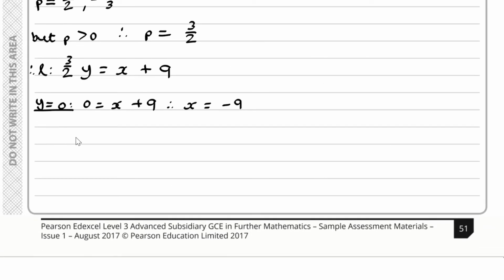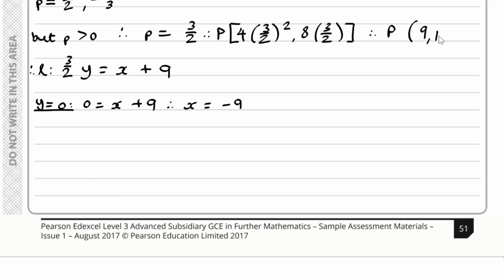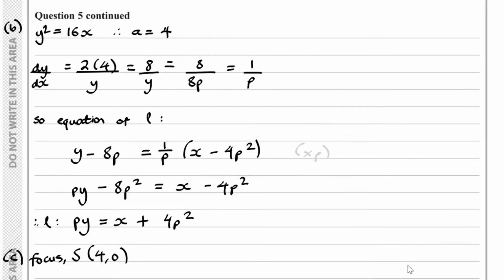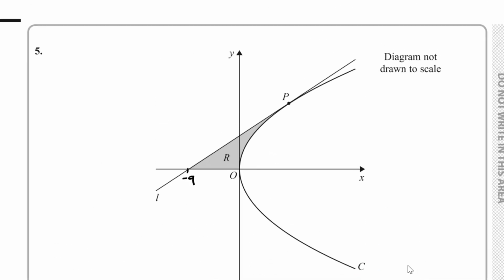So when p is equal to 3 over 2, the coordinates of P would be 4 lots of 3 over 2 squared, and then 8 lots of 3 over 2. So therefore, the coordinates of P would be (9, 12). Let's just add these into the diagram. So we have minus 9 across, 0 up, and here we have (9, 12).